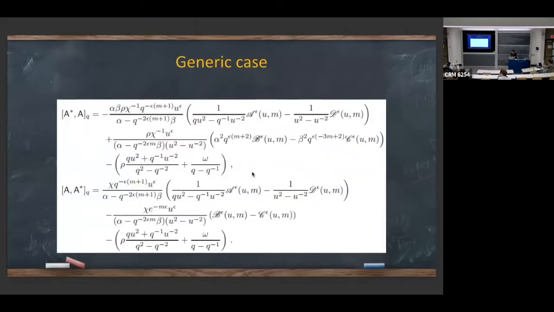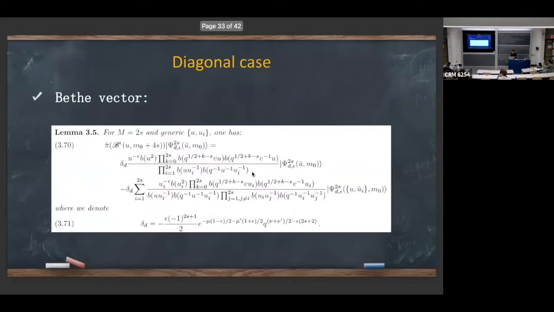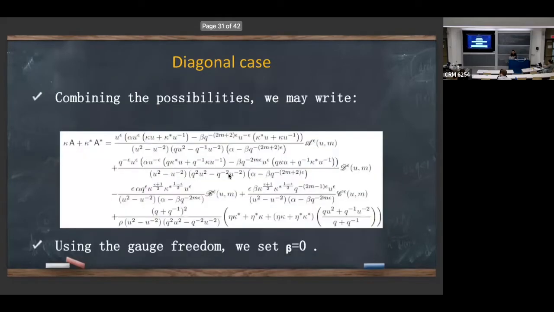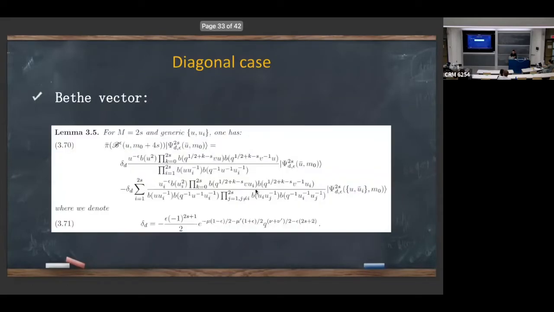We can no longer set, for example, beta equals 0 here, because then we cannot find the nice reference state. So we have to deal with all this stuff. I'm not going to mention it here, but the idea is the same. In the end, we also have some kind of relation where a B operator applied to a Bethe state has a similar off-shell structure.